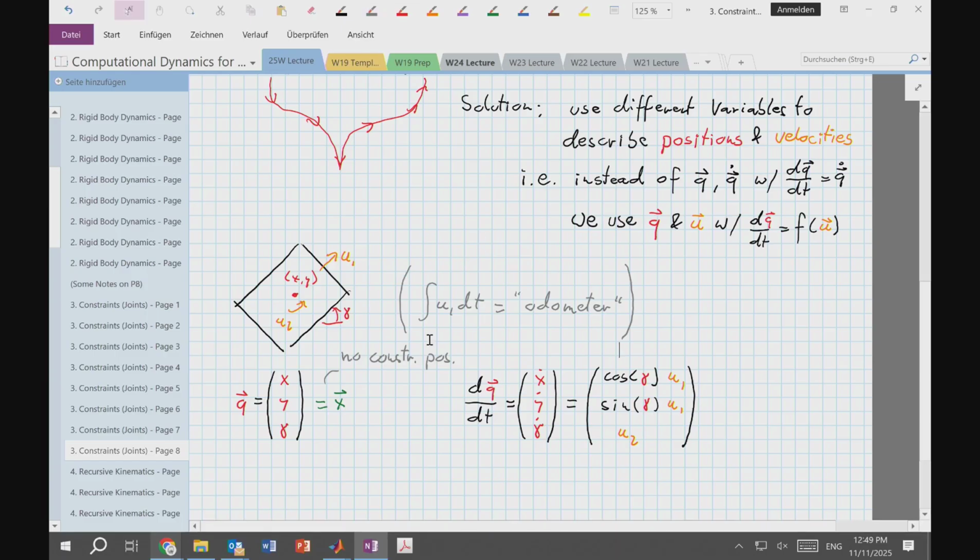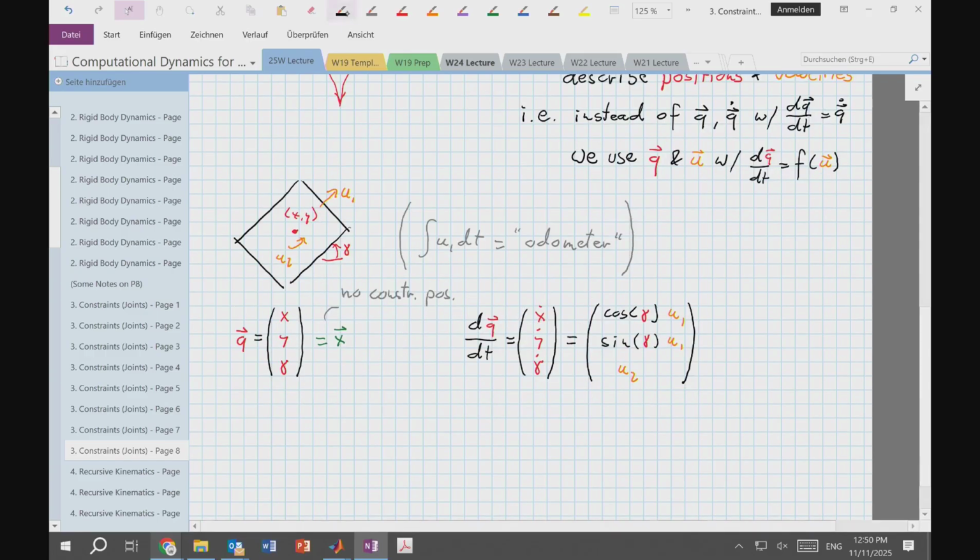So this is the integral, and this is what I mean when I say you cannot integrate these constraints, because integrating the velocity in this case is completely meaningless. Similarly, this holds for implicit constraints.